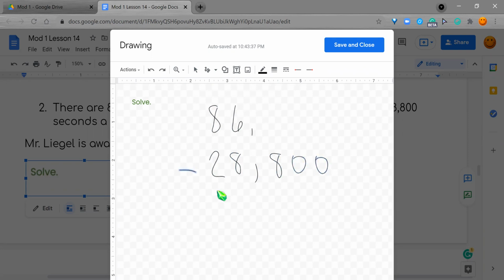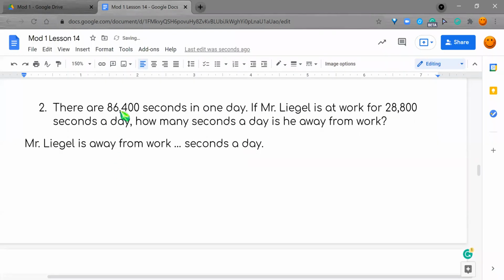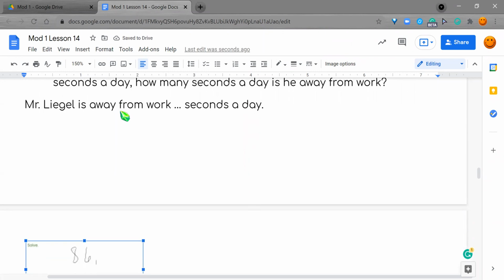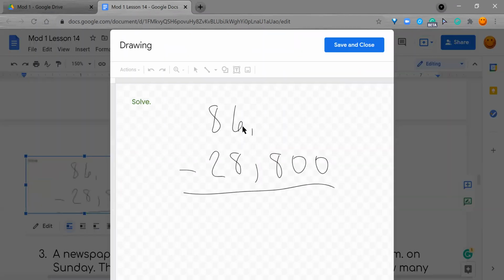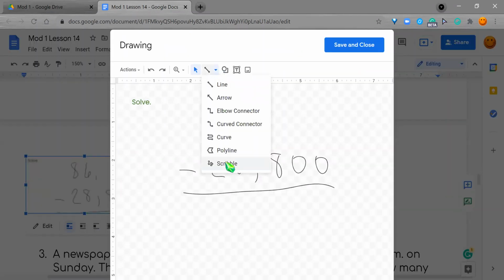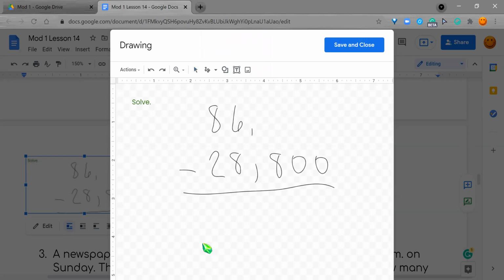So ladies and gentlemen, I do not remember my numbers, and that's okay. I'm going to hit save and close and go back. 86,400. Okay, so I was close. I had most of it. So right here, I'm going to write 400. And remember, we're trying to figure out how long he's away from work. We know how much he's at work. How much is he away?